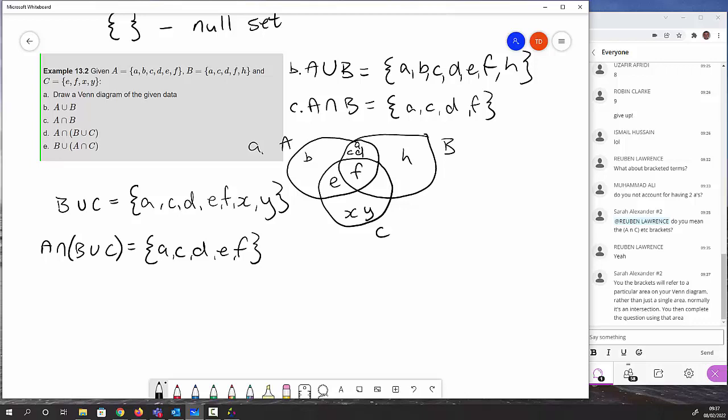Sets and supersets. We've got a set. I'll use the sets that we've got here.